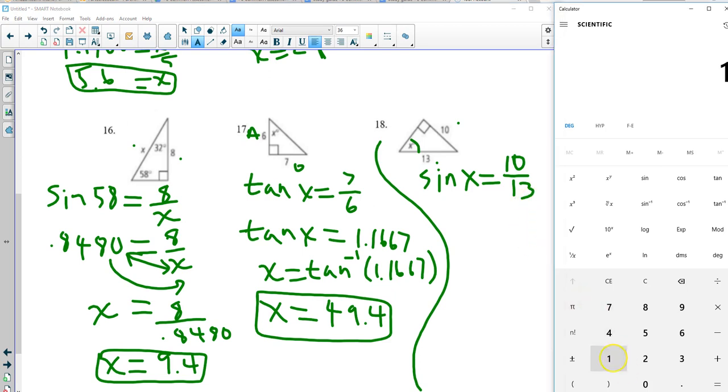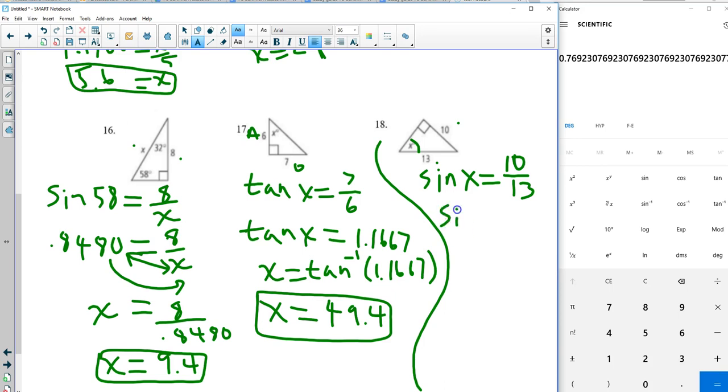So 10 divided by 13 equals that. Sine x is equal to 0.7692. We've got to use inverse sine to get the value of the angle.